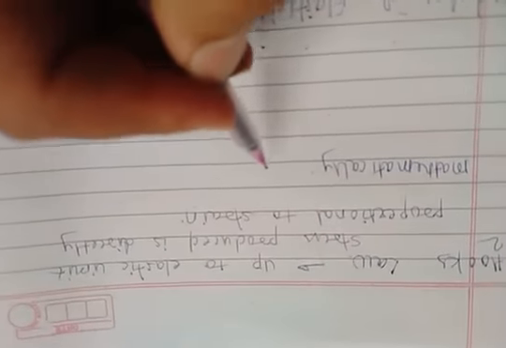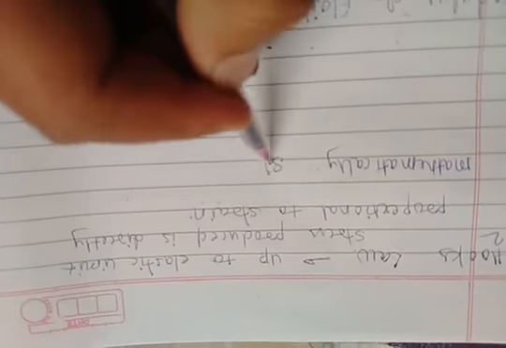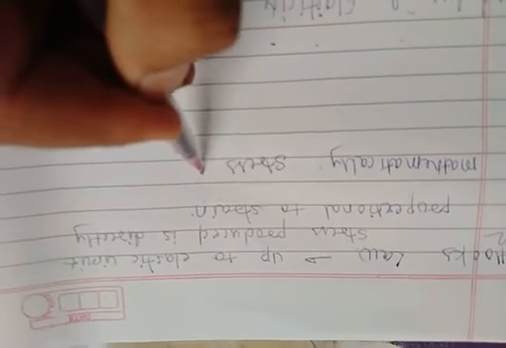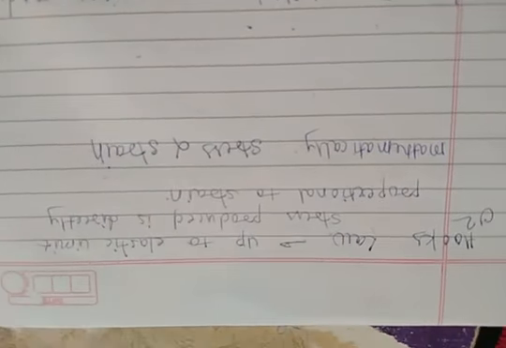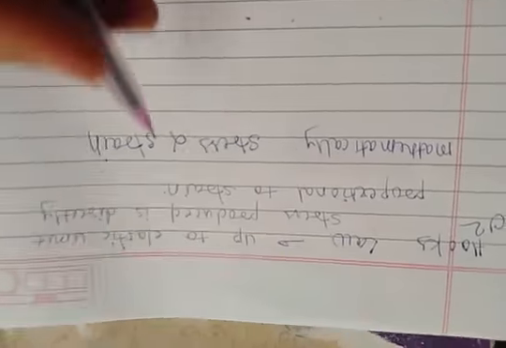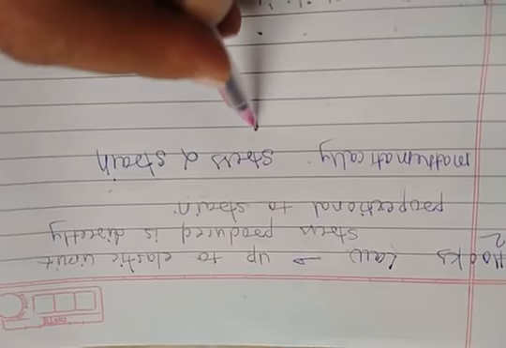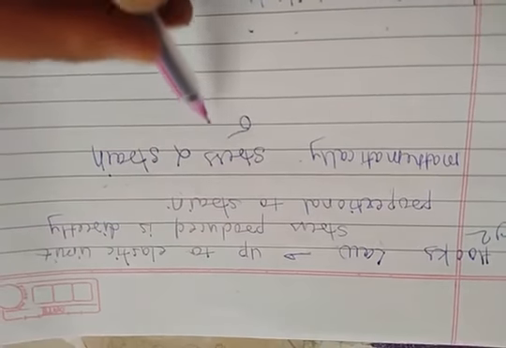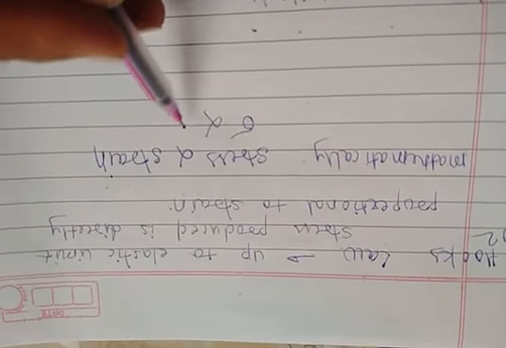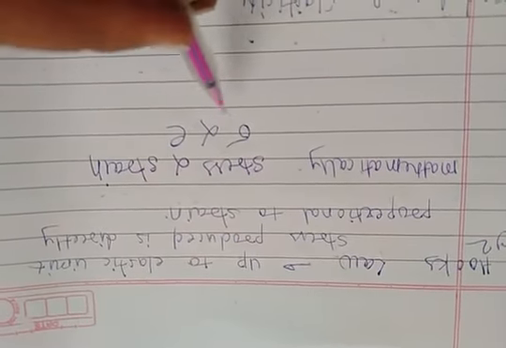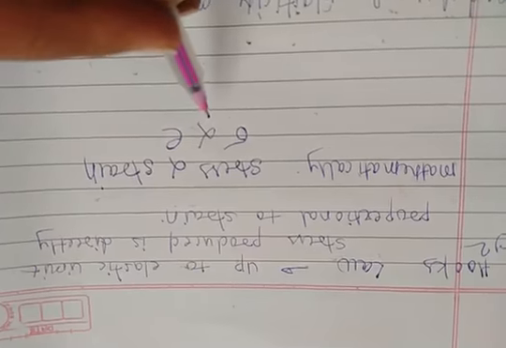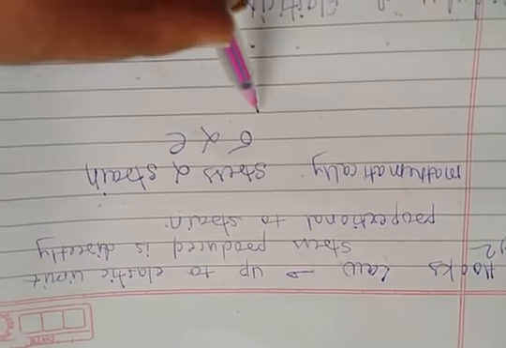Mathematically, stress is directly proportional to the strain. Stress uses the symbol sigma, proportional to the strain, small e. To remove the sign of proportionality, you have to take some constant.